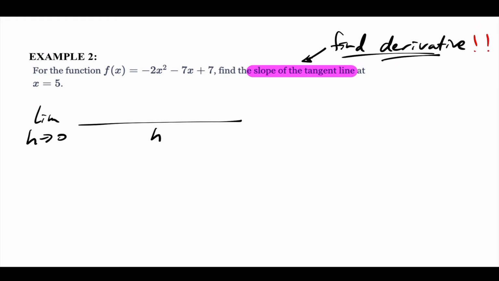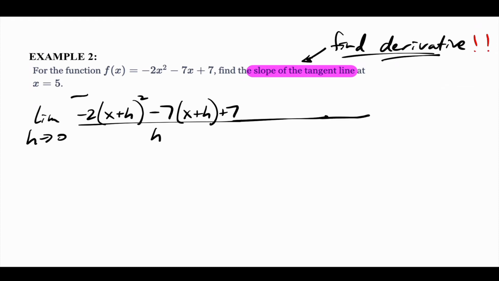This one has 2 x values, so I have to plug it in twice. Okay? So this is going to be negative 2. Here's an x value. I got to plug it in here. Minus 7. Here's another x value. Plus 7. That one did not have an x, so it doesn't go with it. Okay? That's f of x plus h. It's the same function, just instead of x's, it's got x plus h in its place.